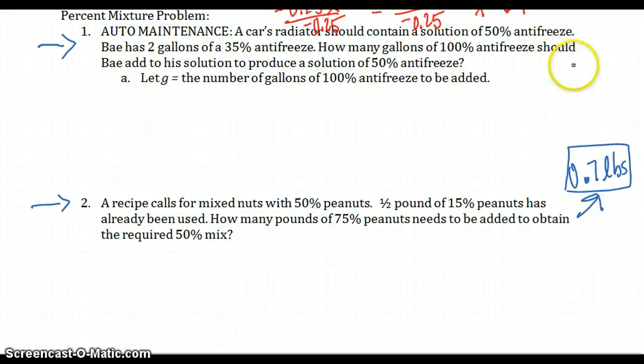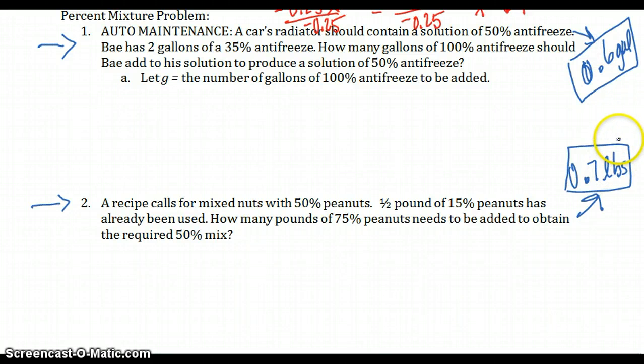And the auto maintenance should be 0.6 gallons. That's the correct answer to number 2. So I want you to work and see if you can get these 2 answers for 1 and 2. And we will work those together in class tomorrow.